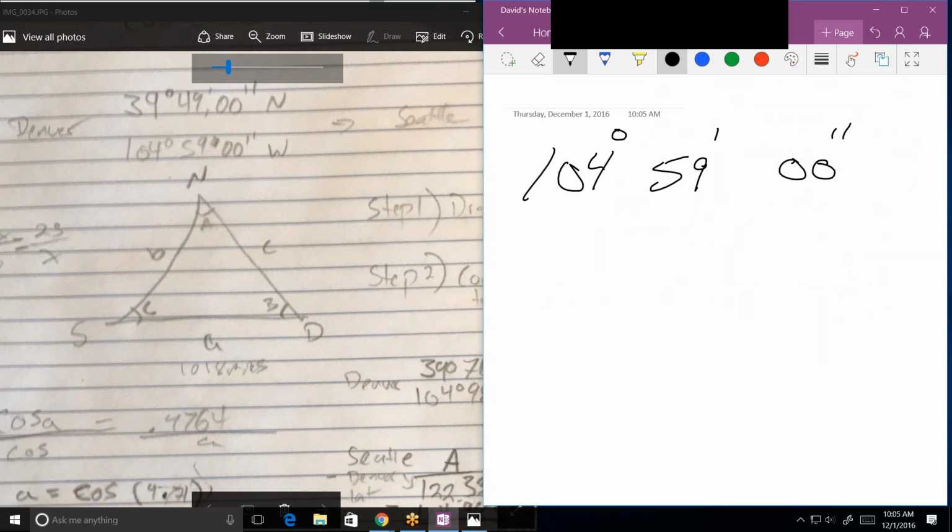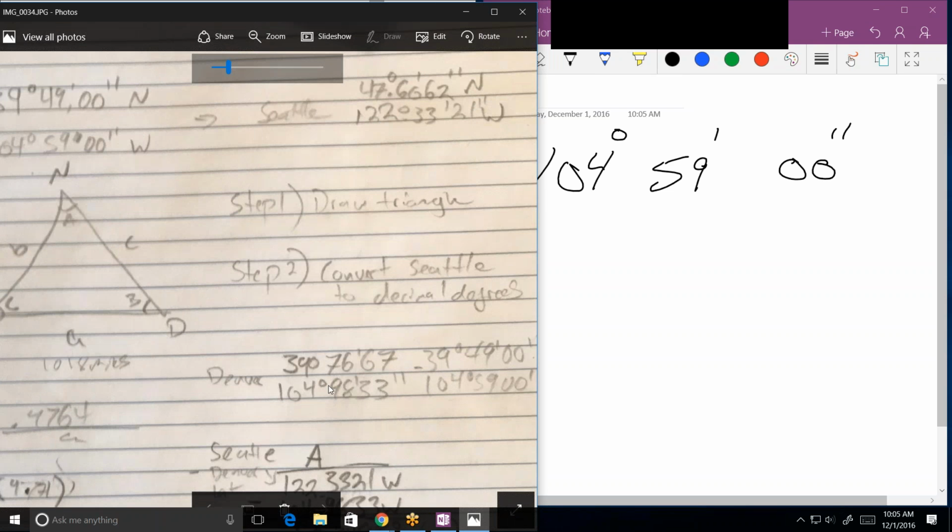Okay? So how do we convert that to a decimal? You did it properly. Down here, I can see that you've got 104.9833. But it's not 104 degrees, 98 minutes, which is impossible. Maximum minutes you can have is 60.